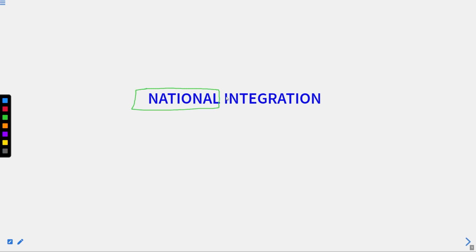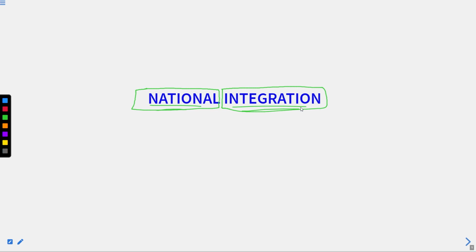National, then integration. National and integration, it is a mixture of two words, if we talk about them one by one.